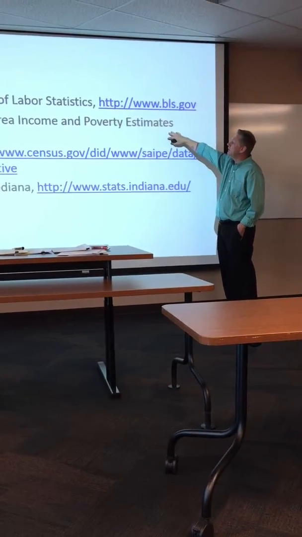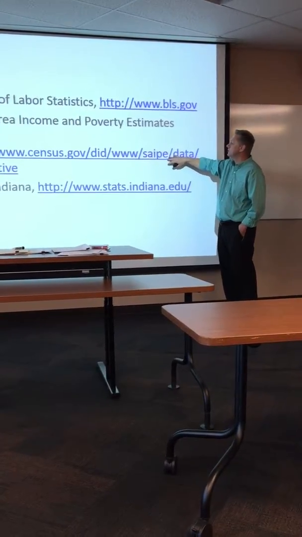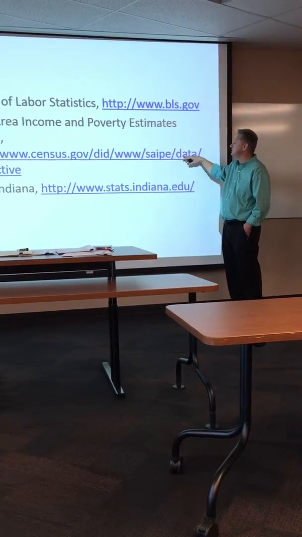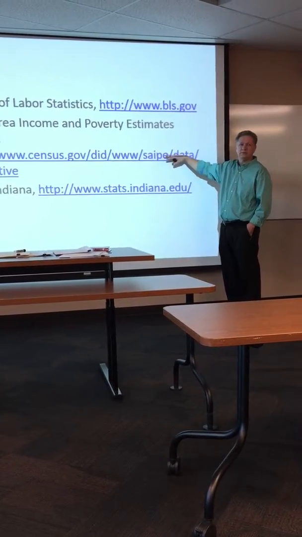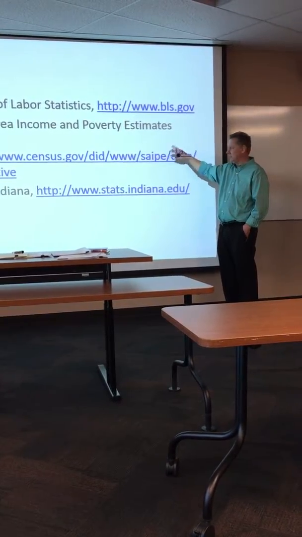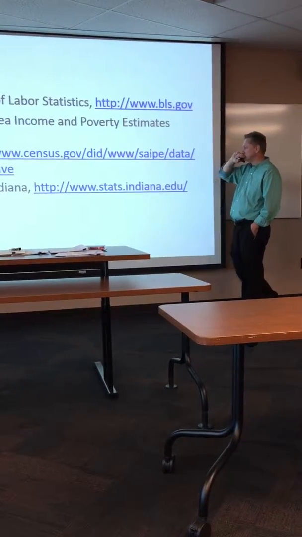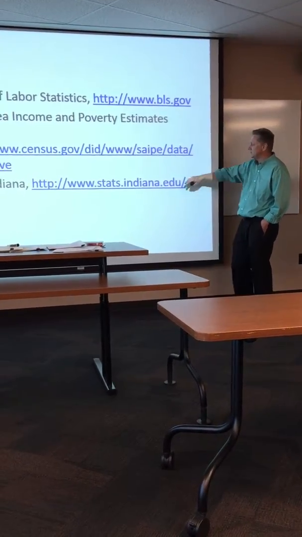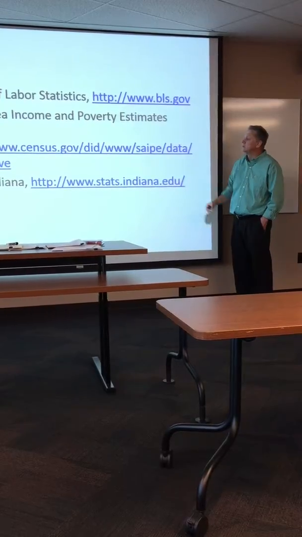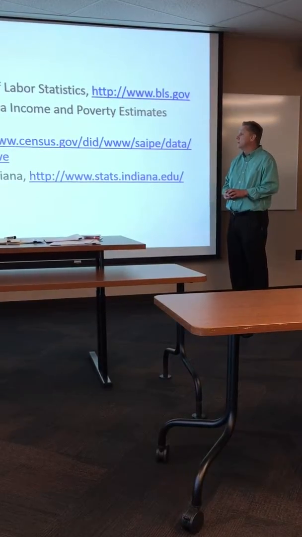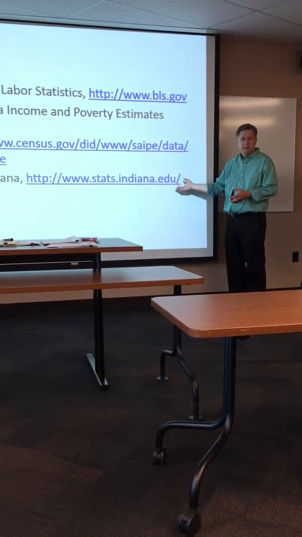Small area income and poverty estimates will give you information about the poverty level, as the name implies, and things like that. And you can find years, months, decades, all that stuff there. There is a fantastic site that Indiana University gets a grant to put up, and it's called Stats Indiana.